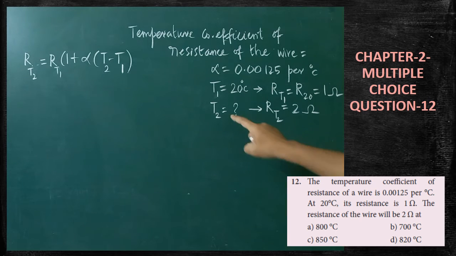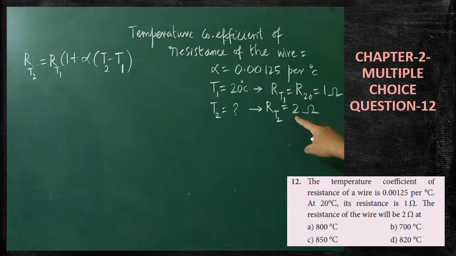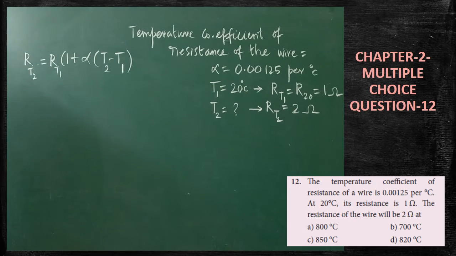You are asked to find the temperature of the wire at which the resistance of the wire is 2 ohm. In the theory part, one formula is available. I have just modified the formula.